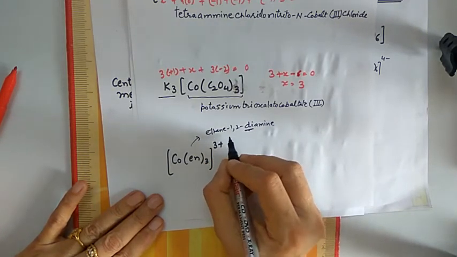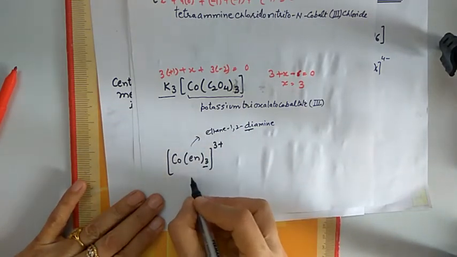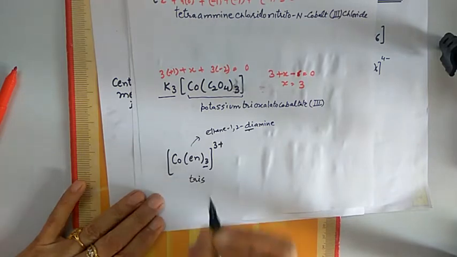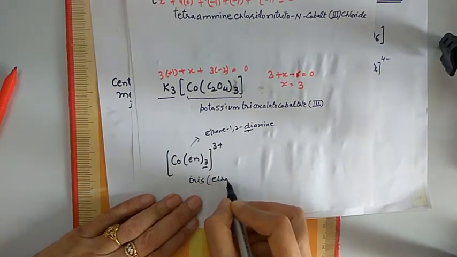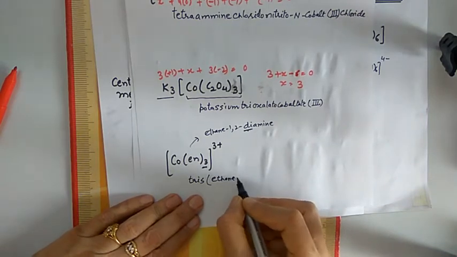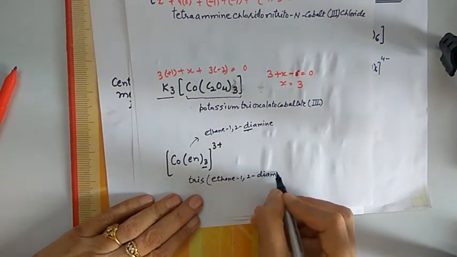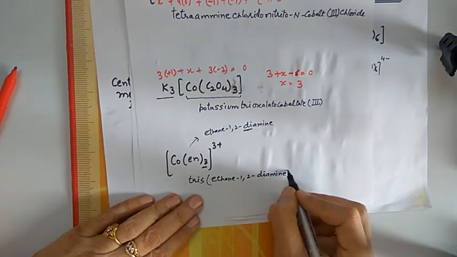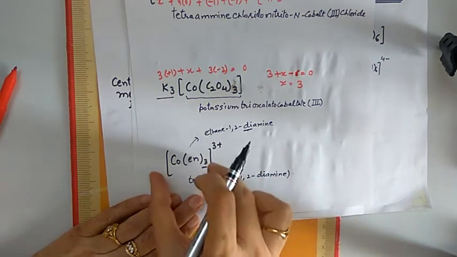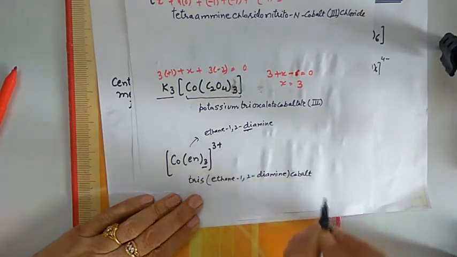Therefore, we have to use bis for 2, tris for 3. So it is 3 here. So the name will start with tris, ethane-1,2-diamine, the name of the ligand. It is a single M, diamine. As the complex is positive, the name of the metal will be the same, cobalt.